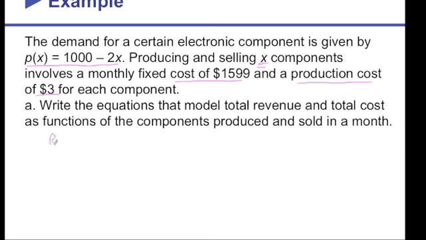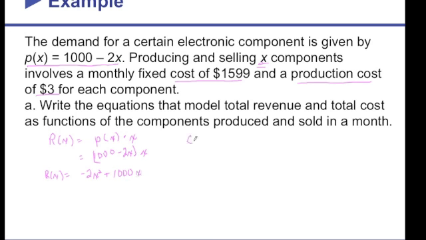Well, the revenue then would be the price we can sell them at times the number of components. So that will equal 1,000 minus 2x times x, or my revenue function will equal negative 2x squared plus 1,000x.